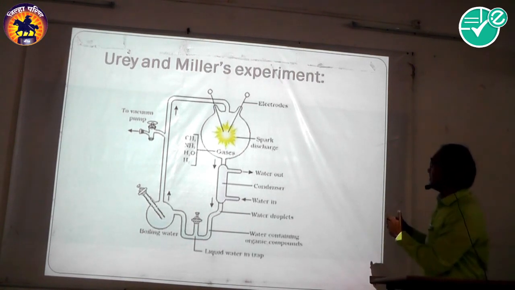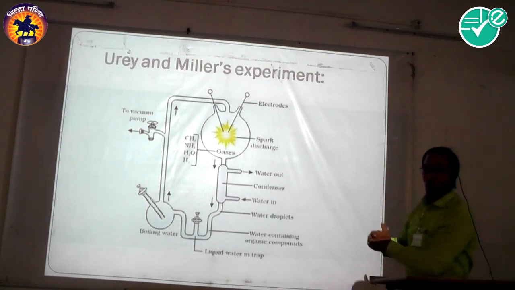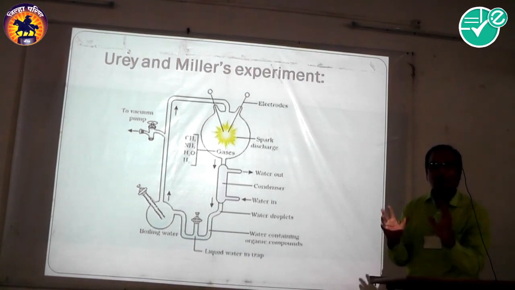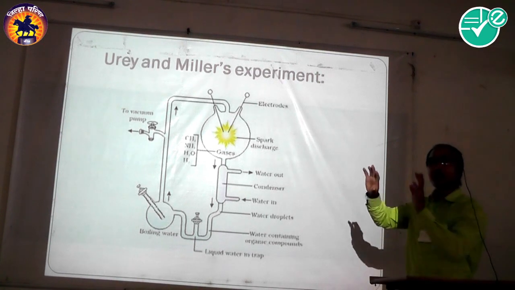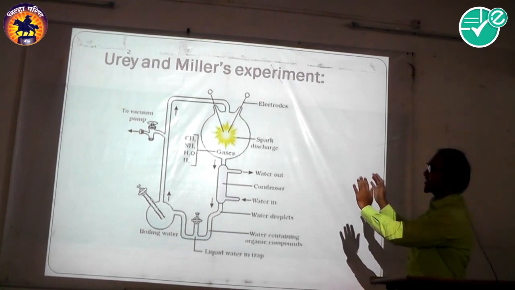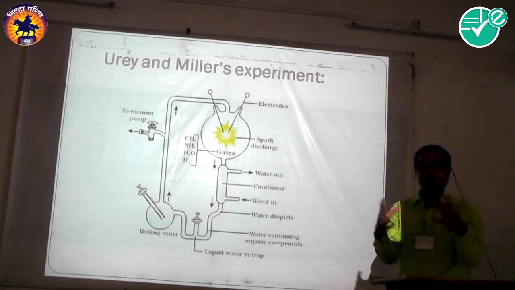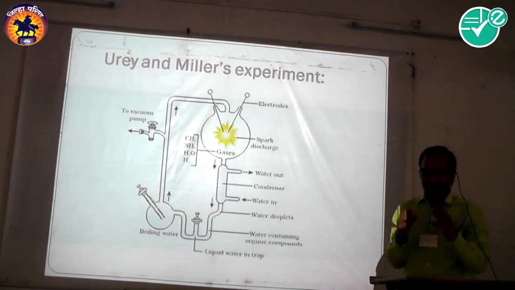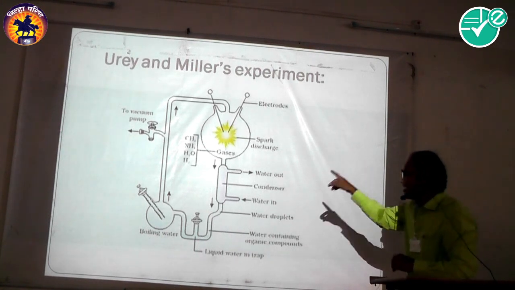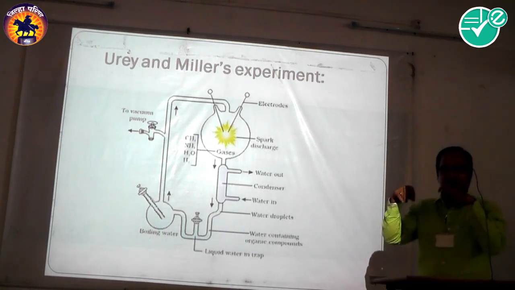So they use tungsten electrodes to simulate the effect of lightning in the primitive atmosphere of the earth. That is called the spark discharge. It discharges the spark. And a current of 75,000 volts is passed in that spark discharge apparatus.